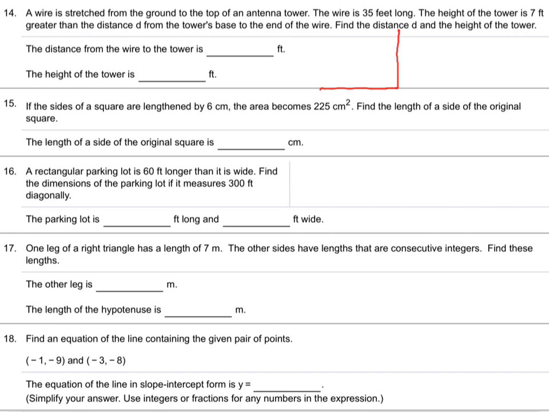We basically have this wire that's stretched. This is the tower over here. The wire is stretched from the ground. Down here's the ground. The wire is 35 feet long. The height of the tower is 7 feet greater than the distance d from the tower's base to the end of the wire.